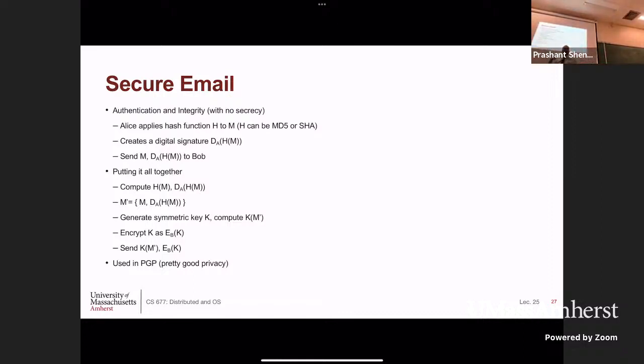Bob first extracts the key, decrypts the message, and M prime comes out. Then he takes the hash and validates it. Then he knows that Alice signed it and it was not tampered with. So I took those two concepts, put them together, and got all of it. That's how a secure email application actually works.